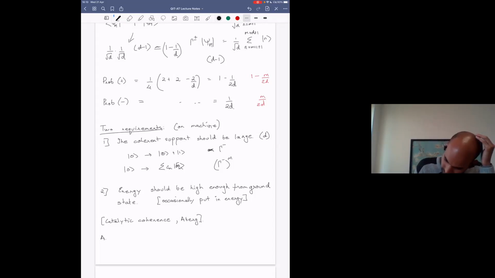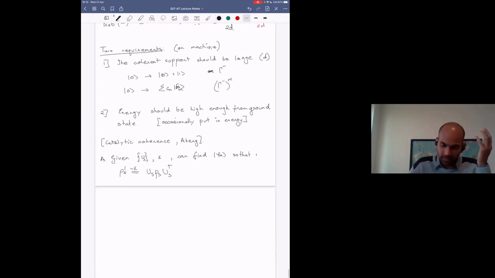So you can say, given a sequence of unitaries, which I can also write as one single grand unitary, and an epsilon, we can find psi m so that rho s final of rho s prime is equal, up to epsilon error, to U_s rho s U_s dagger. So that's the first statement we can make.